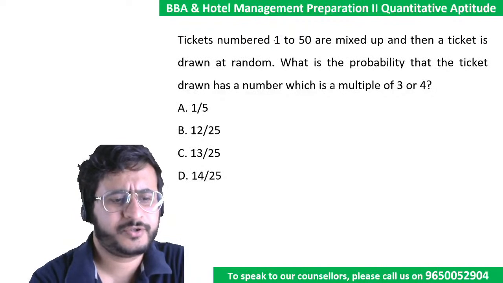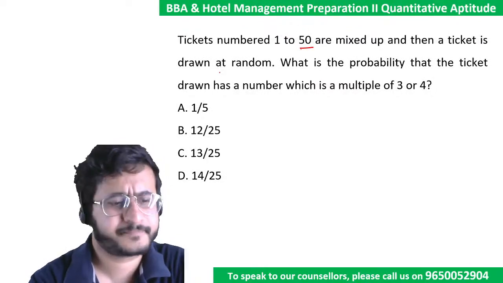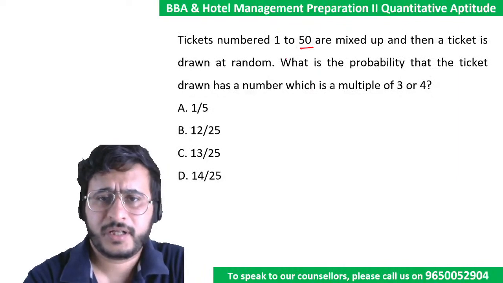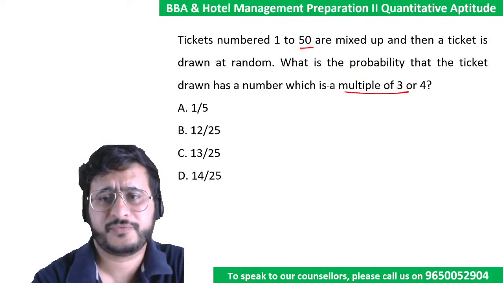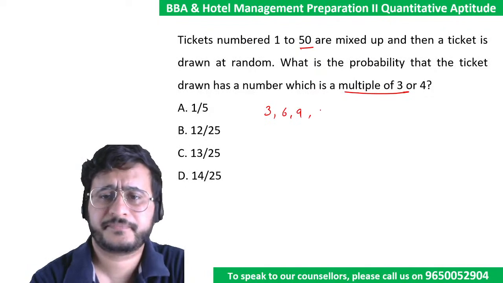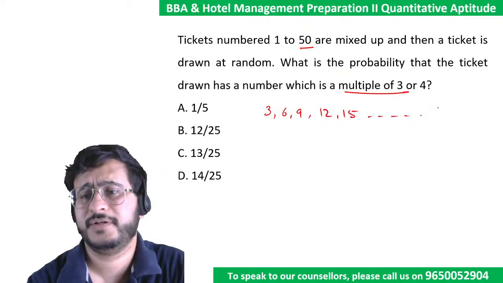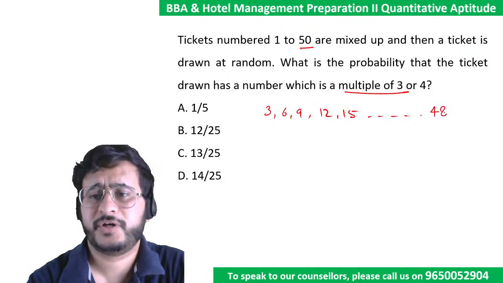First of all, we know the total number of outcomes, right? So the total number of outcomes is 50. Now the ticket has a number which is a multiple of 3 or 4. So how many multiples of 3 are there? 3, 6, 9, 12, 15 and so on up to the last multiple of 3, which will be 48.